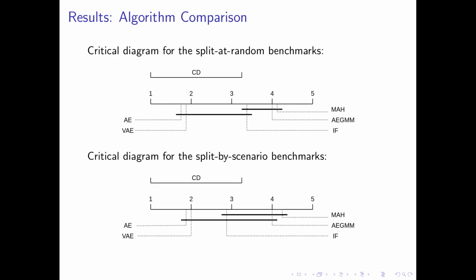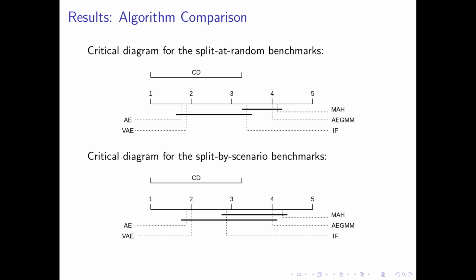So on this slide, the main research question of this thesis was to conduct an algorithm comparison, and so we used a statistical test to make this critical diagram. Briefly, we rank the algorithms from 1 to 5, 1 being the best performing algorithm.